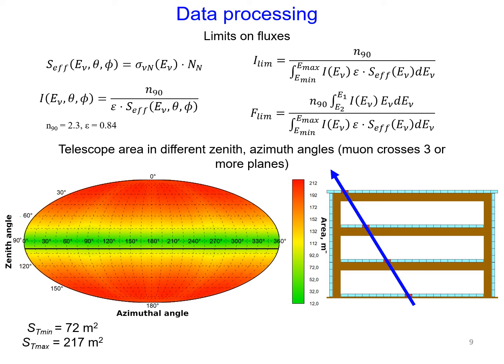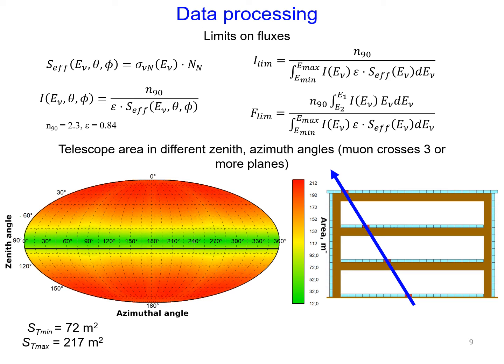On the left picture, we can see the telescope area in different zenith and azimuth angles when muon crosses 3 or more planes. Everything below black line is the region where zenith angle is more than 100 degrees.